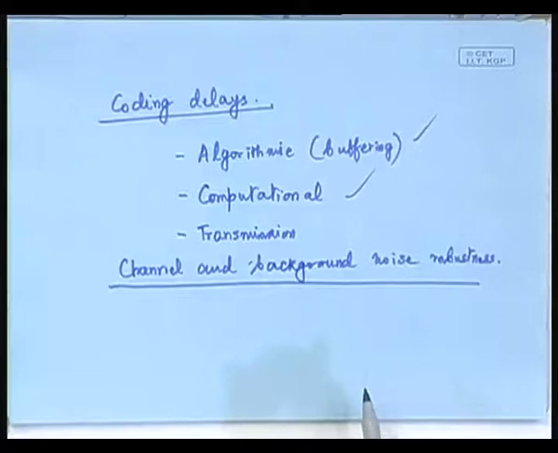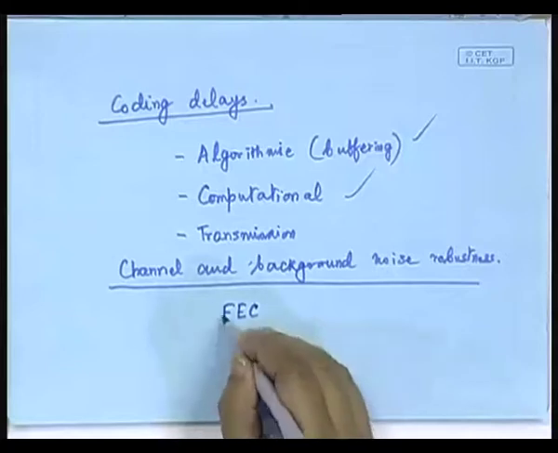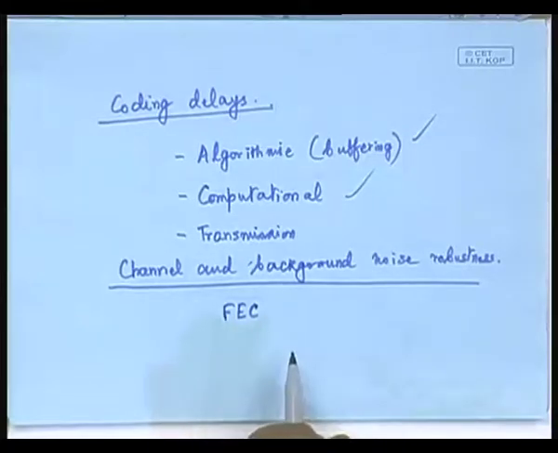Okay. Now, typically the source coding of speech requires only a fraction of the total channel capacity, because in order to make it somewhat robust against errors, we generally incorporate some forward error correction codes, or what we call the FEC.